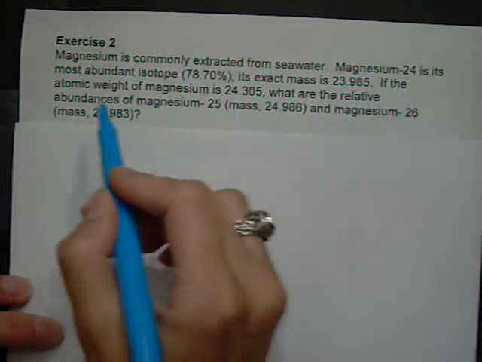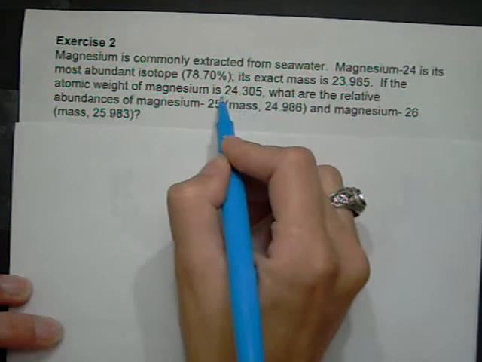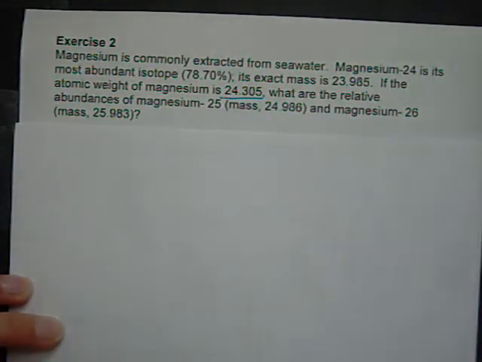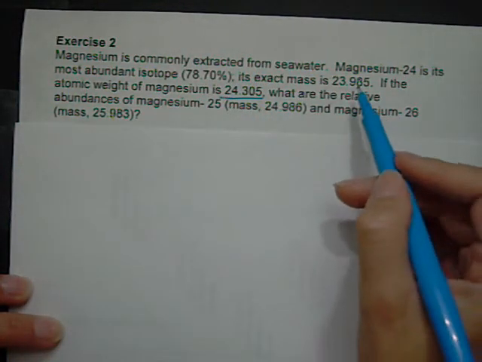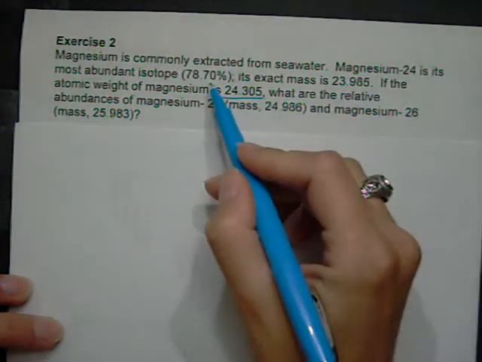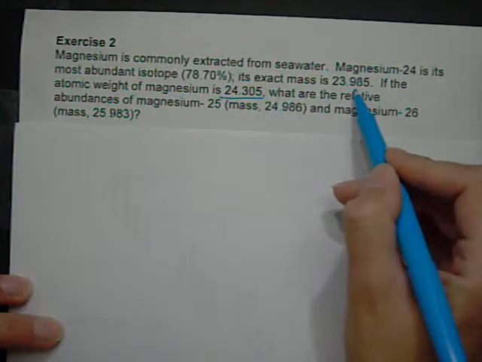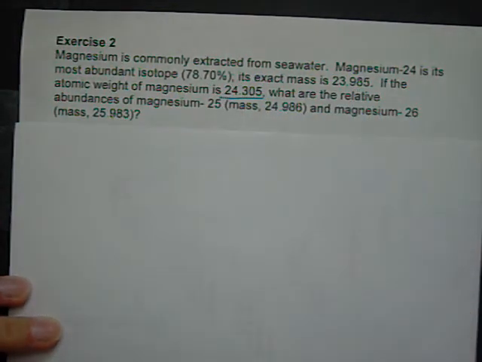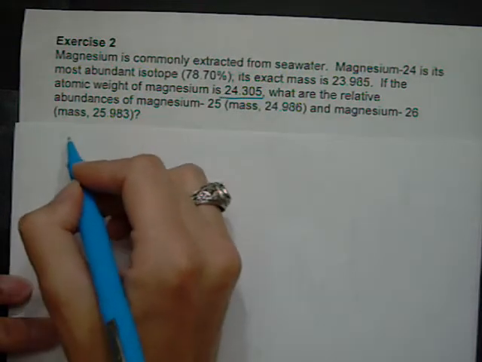It says the atomic weight of magnesium is this value. We're also given one of the isotopes and its mass, and then we're asked to find out the relative abundances of two other separate isotopes. There are several different ways to go about doing this problem. This is just the way that I tend to think about it.